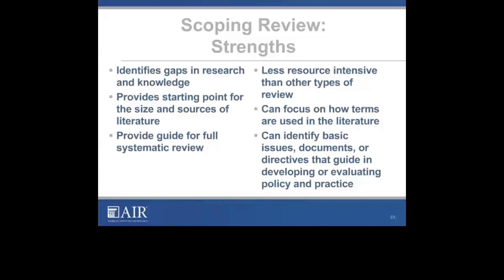I think it's fair to say that as you read the literature in the last 5 years at least, that's becoming recognized as, while it may be less than a full systematic review, it's still labor intensive, and there is still a resource demand there that is, in some cases, more than you might anticipate for doing a quote-unquote scoping methodology.